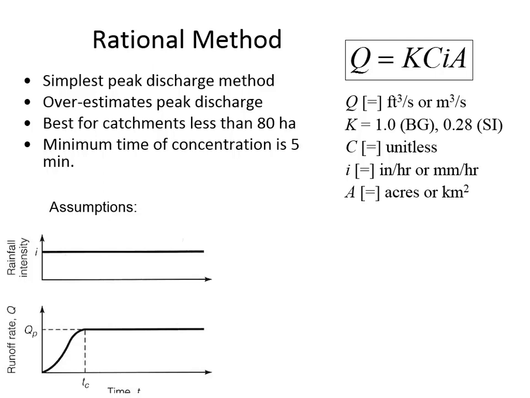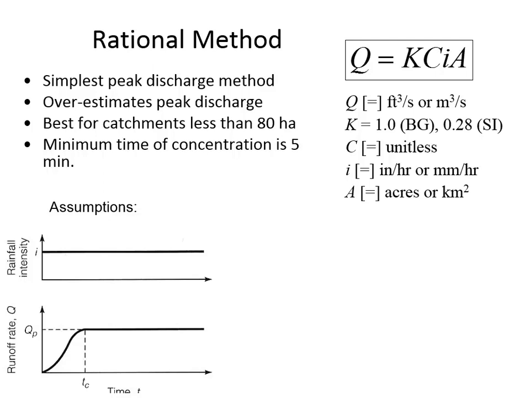So this is time, and this is rainfall intensity. Usually it's just a few drops, and then it comes down to a heavy shower, and then it trails off to just a few drops again. And so that's one of the deviations between reality and assumptions in the rational method.